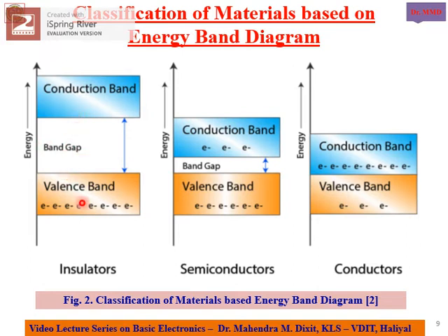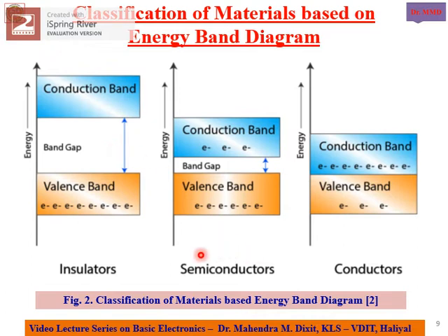Hence the electrons, even on applying sufficient energy, do not cross this forbidden band and reach the conduction band. Since the forbidden band gap is very huge, this type of material is called an insulator. Insulators are useful in most electronic applications in device manufacturing and so on.